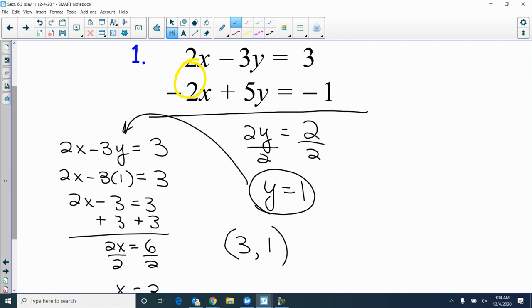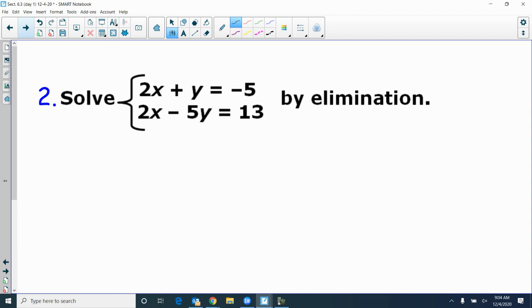All right, now, as with everything, it doesn't always work quite that nice because you had a 2x and a negative 2x. Don't get ahead of me here, you'll screw up. Look at number 2. Don't do anything yet because what would happen if I added them together? Would anything add up to 0? No, do not write this down.